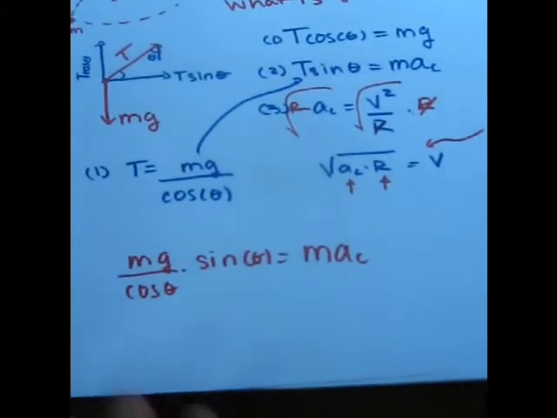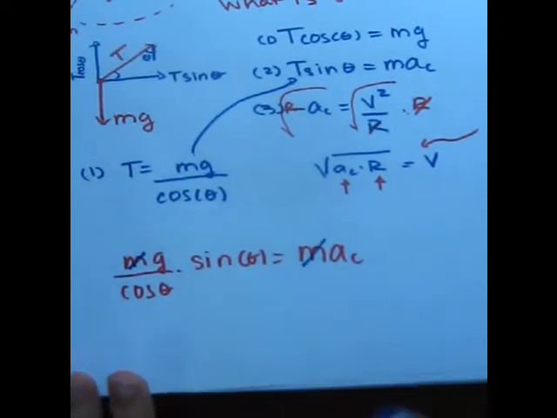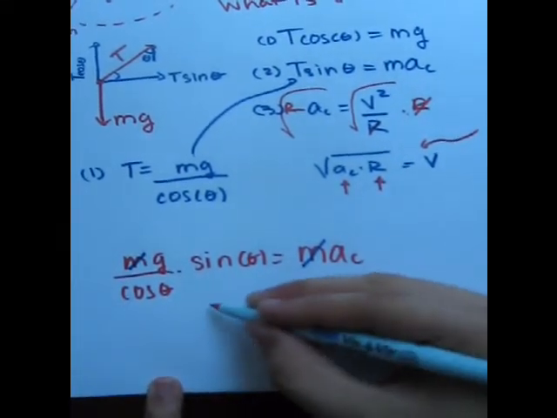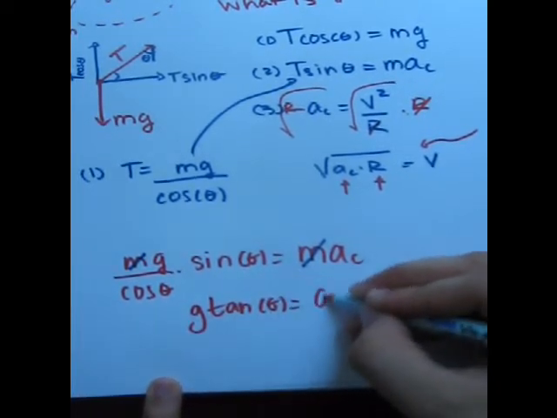I have m on both sides, so I can cancel m with m. Sine theta divided by cosine theta is tangent theta, so g tangent theta equals a_c.